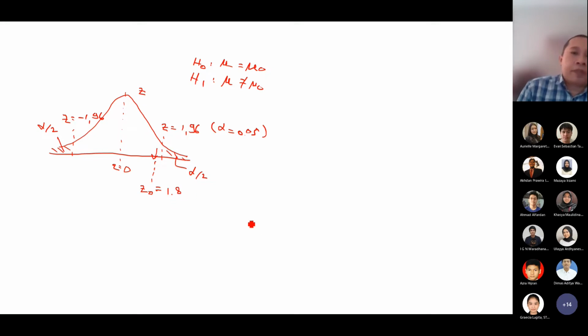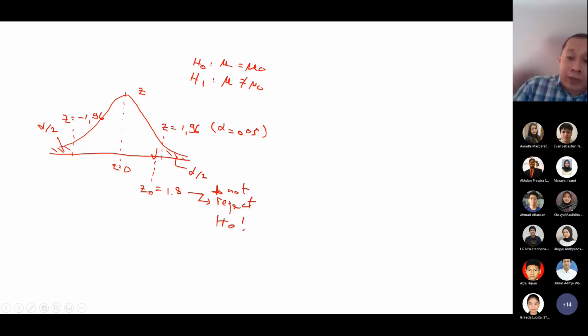Okay, the Z naught is 1.8, right? So in this situation, obviously the conclusion is we do not reject H0, right?